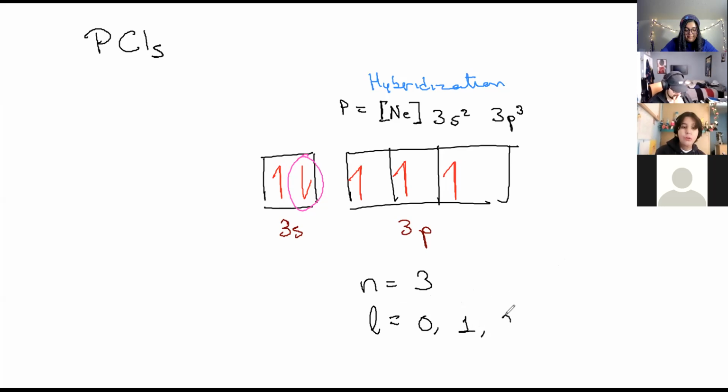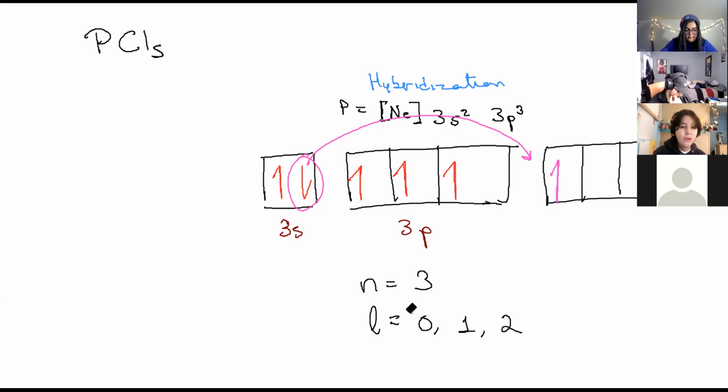So here's the interesting part: phosphorus actually does promote this electron on the s orbital, but promotes it all the way to the d orbitals.